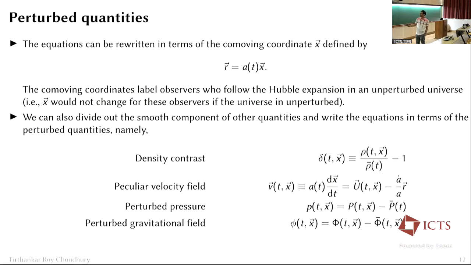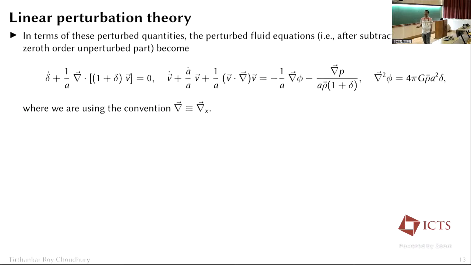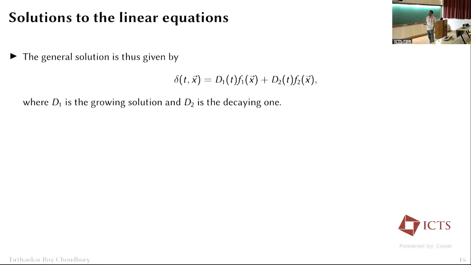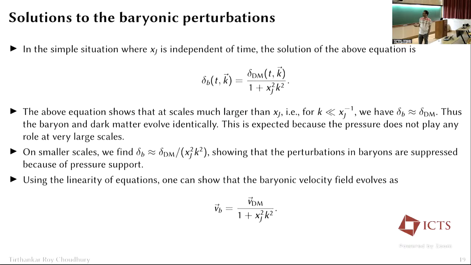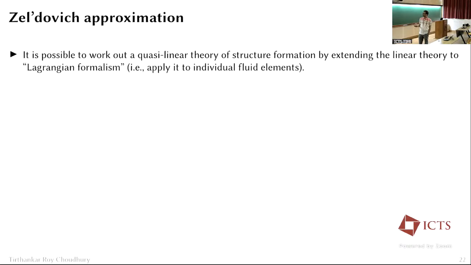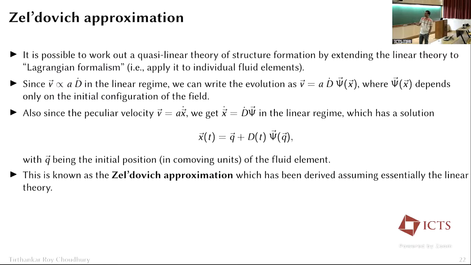Peculiar velocity is a times x dot, and I'm saying that under linear theory it is also a d dot times some configuration psi. So I can write down an equation for x dot from there. x dot is d dot times psi, which has a solution x equal to the initial value of x plus d times psi. That is the simple solution. This will tell you how the fluid elements evolve given their initial positions.